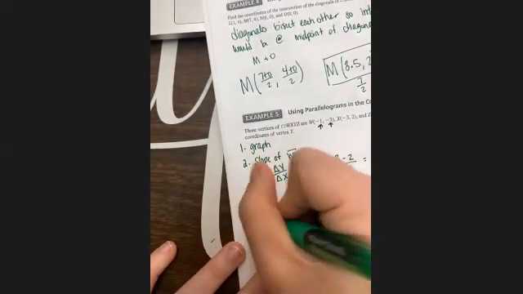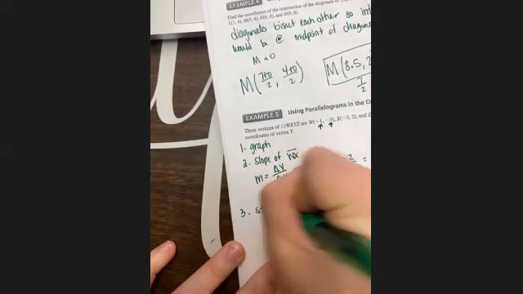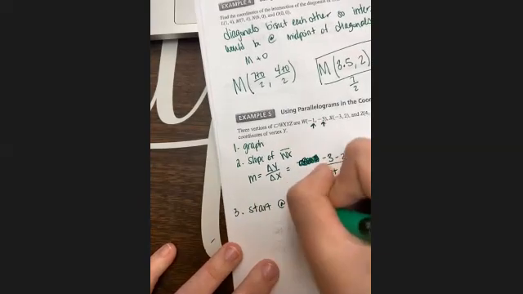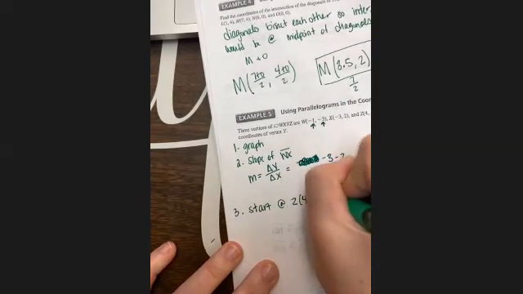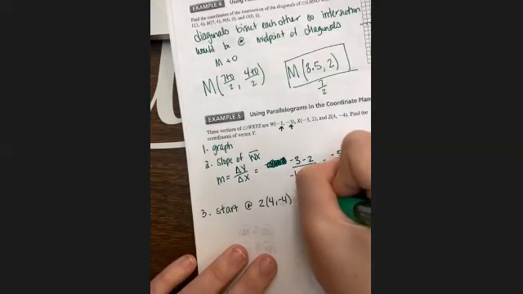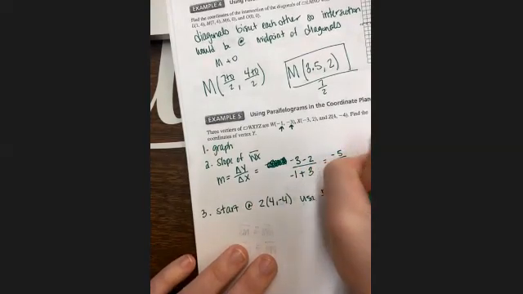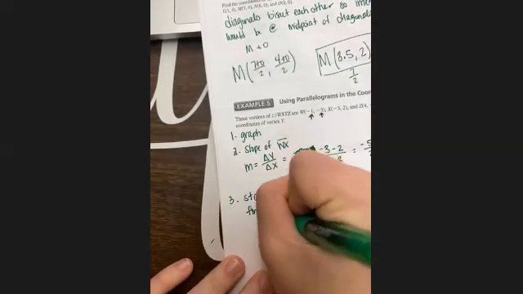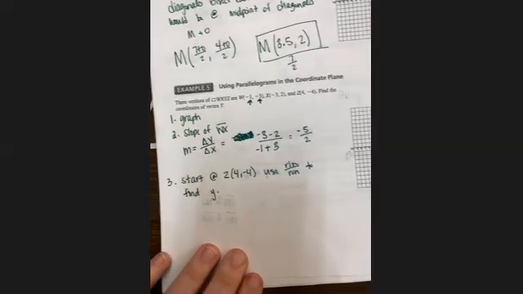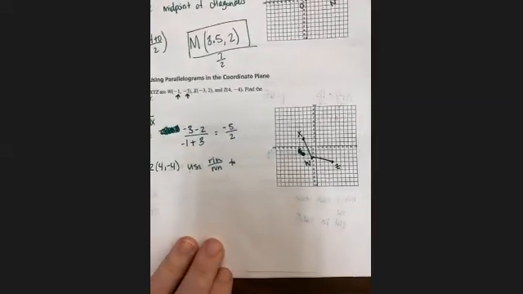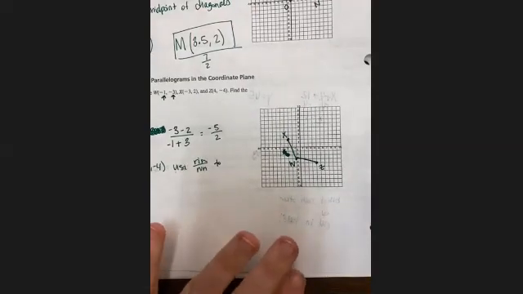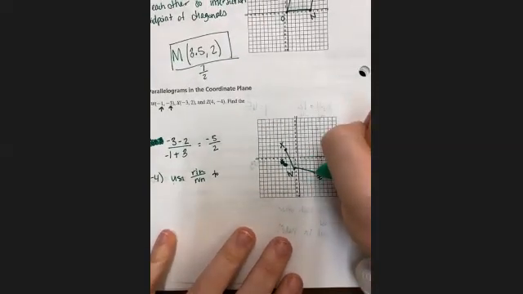Then step 3, you're going to start at Z, which is at 4, -4, and use rise over run to find Y. So I would come over here and start at Z. I know that I'm going to move up 5, which means I'm going to move left 2.